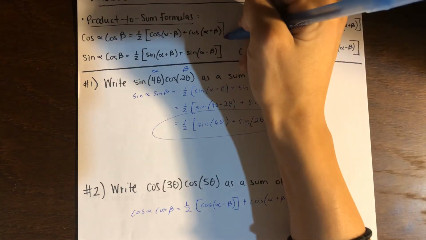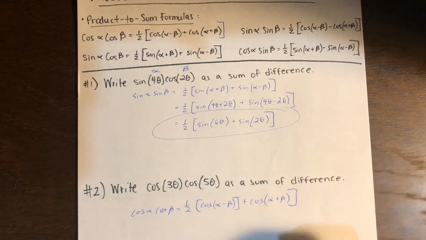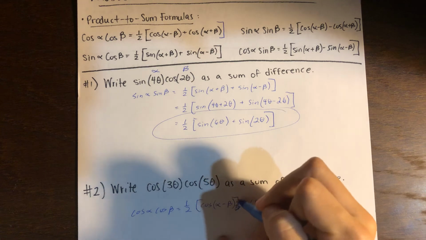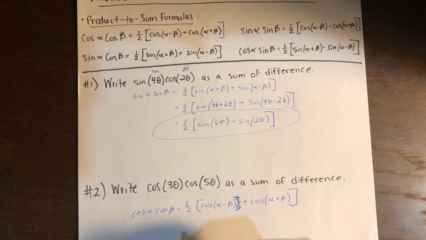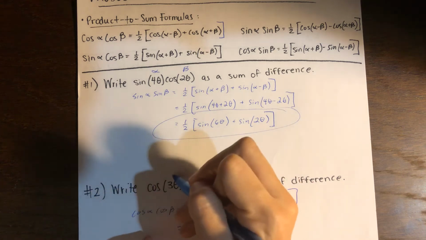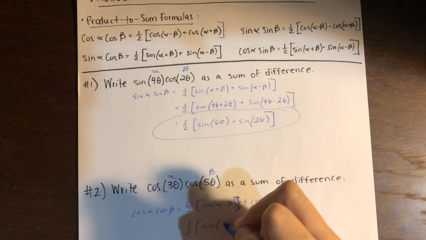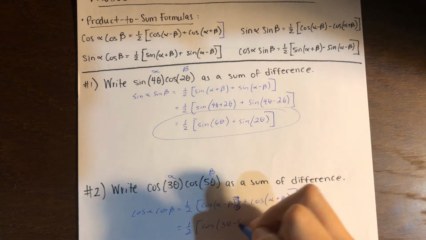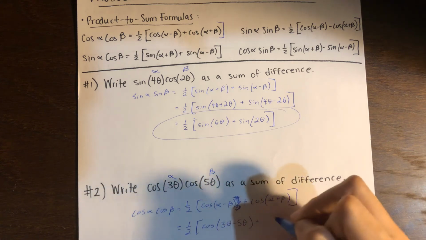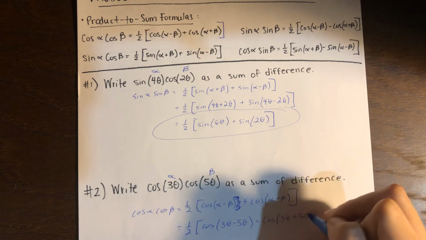You can ignore the parenthesis mistake. We're just plugging in our alpha and our beta. So we have cosine of 3 theta minus 5 theta plus cosine of 3 theta plus 5 theta.